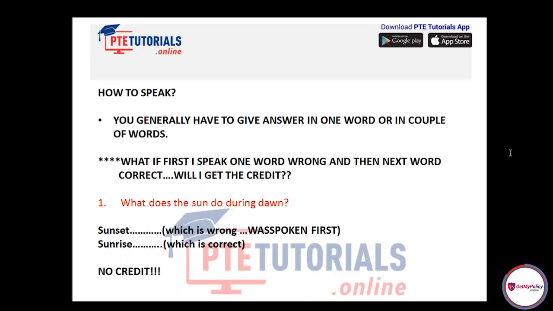If I pronounce this word in the wrong way, this is wrong. I have to speak this word with the correct pronunciation. And because of the mother tongue influence, we people used to speak this word incorrectly. That is wrong. I will not get the credit for that. And software doesn't recognize those words which are influenced by our mother tongue.